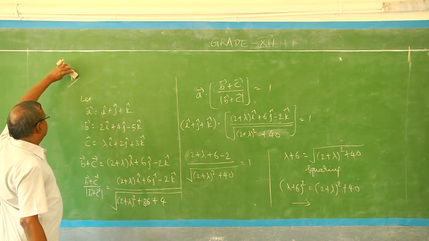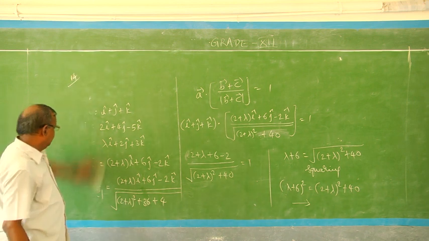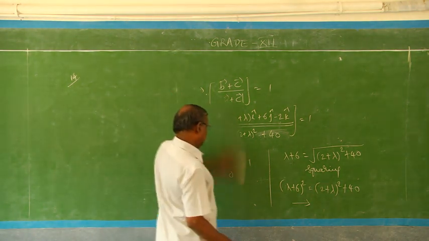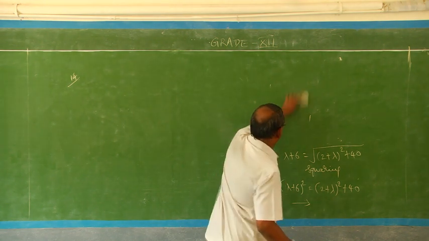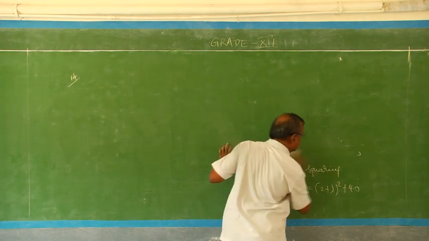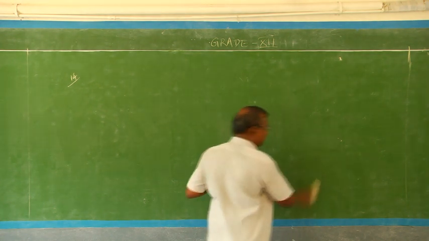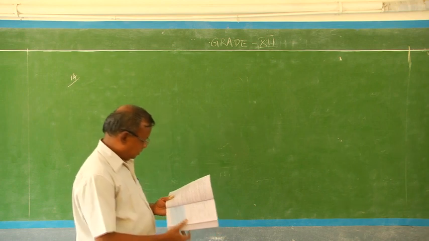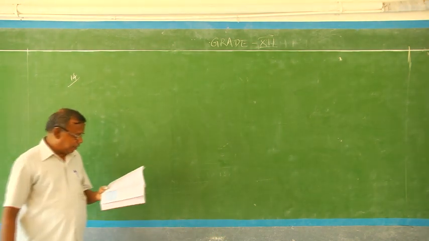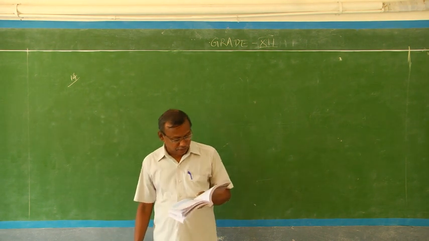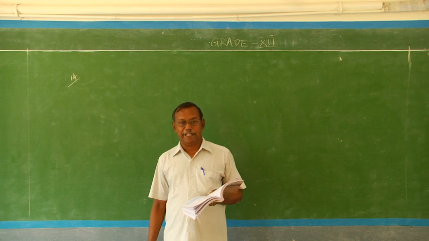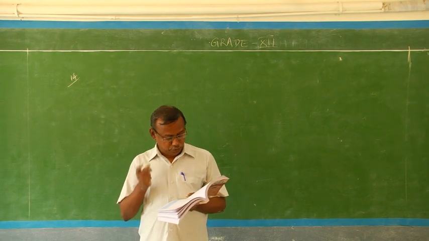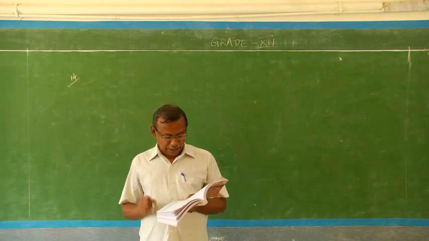Okay, thank you. And now let us solve the 14th problem. If a vector, b vector, c vector are mutually perpendicular vectors of equal magnitude, within the one line they have given more than one piece of information. a, b, c are mutually perpendicular vectors, first thing, and they are equal in magnitude.